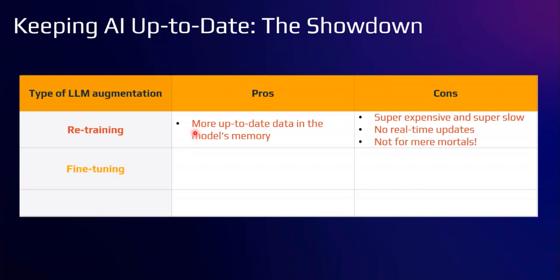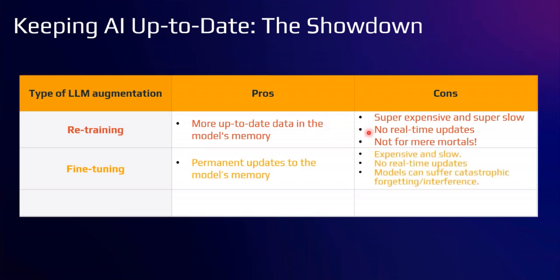Okay, and the next part is fine-tuning. Sort of similar to retraining, but actually you can permanently update the model's memory, but instead of retraining, you just fine-tune the model on an updated or very specific set of data.